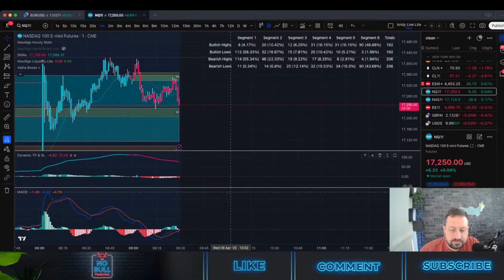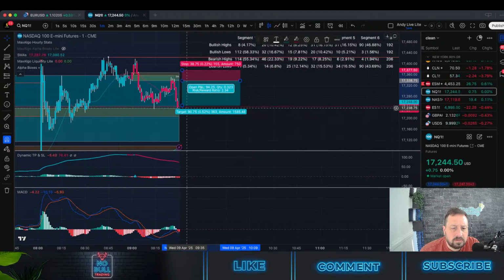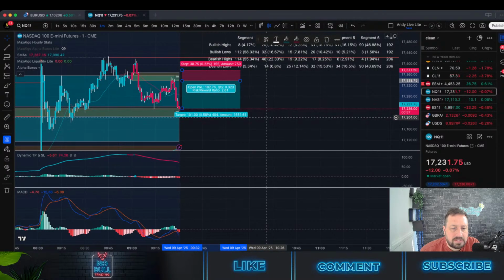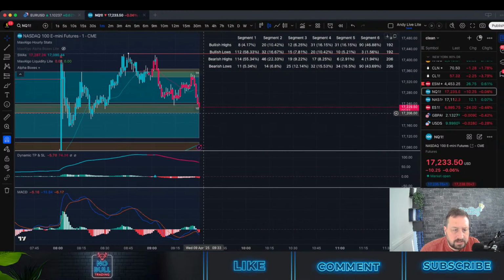Even here, that's where I'd have been looking. Nice rejection. Down to the daily. I think the daily's going to go. We'll see.